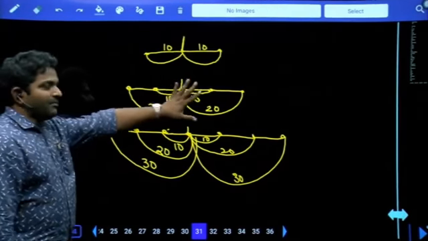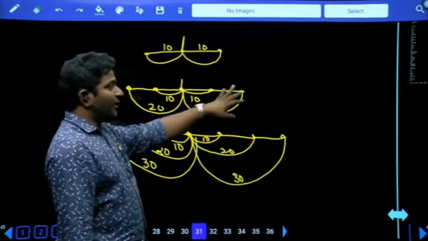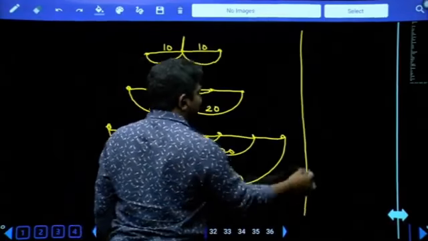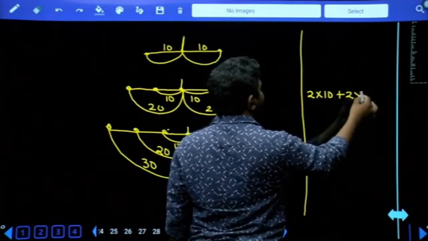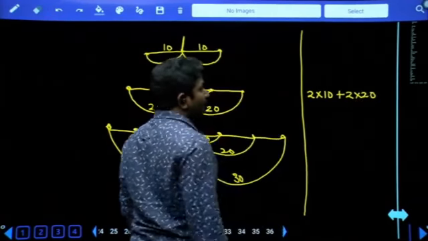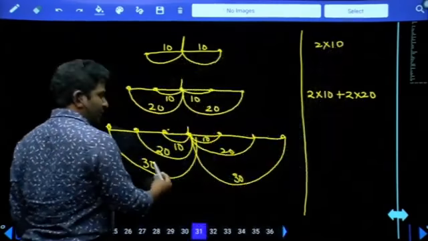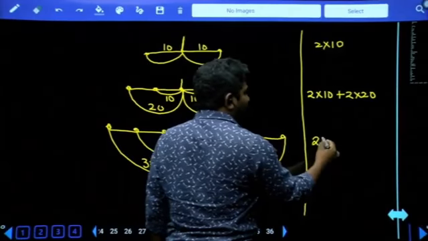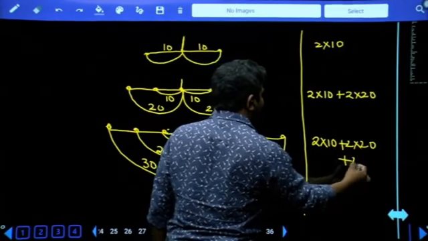If there are 5 members, to the middle person there are 2 members on the left side and 2 members on the right side. So in this particular case, distance covered is equal to 2 times 10 and then 2 times 20. And in the last case, 2 30s, 2 20s and 2 10s. 2 into 10 plus 2 into 20 plus 2 into 30.